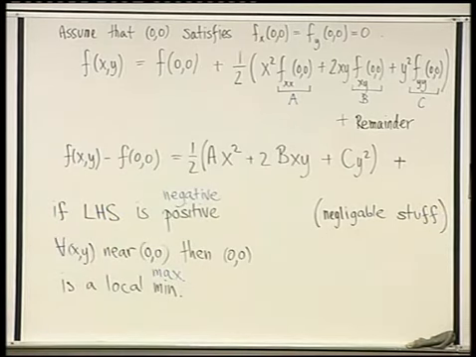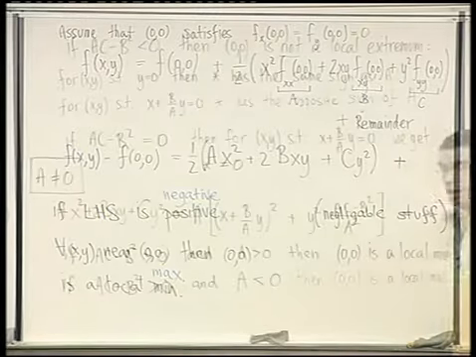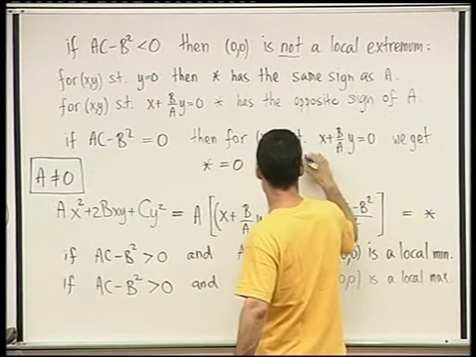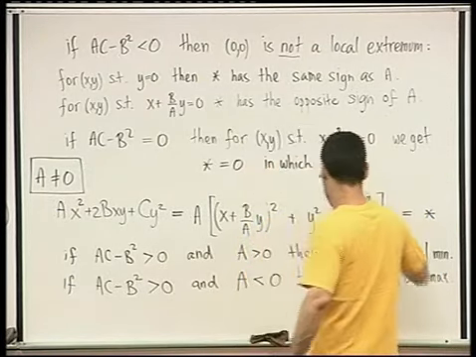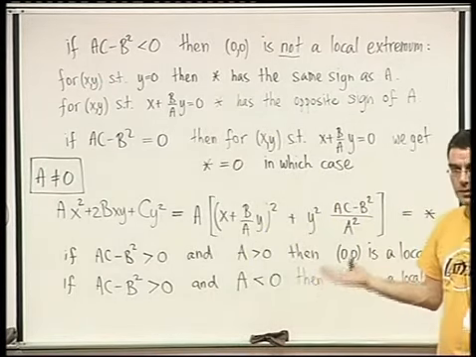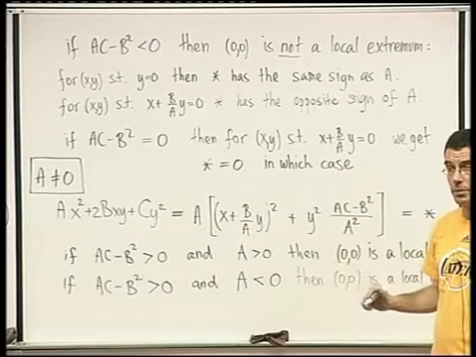So if AC minus B squared is 0, then for x, y satisfying this, we get star equals 0. The entire expression vanishes. In which case, all this discussion cannot decide for us whether it's a minimum or maximum.